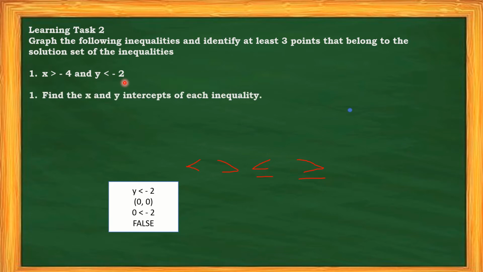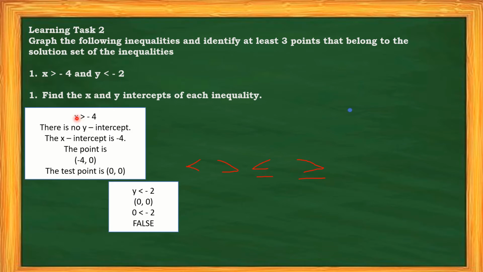The first step, again, is to find the x and y intercepts of each inequality. This will be used to graph the given inequality. Let us have the first inequality, x is greater than -4. As you can see, we have no y variable here, so there is no y-intercept.